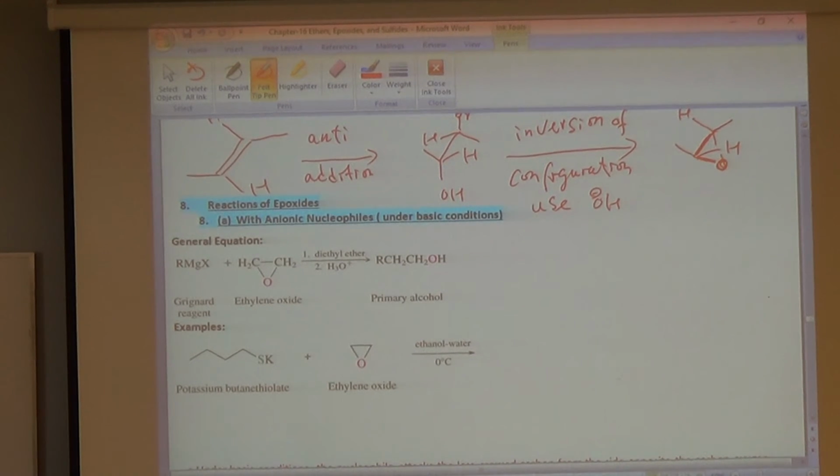Otherwise, most of the nucleophiles are basic, so you will protonate your nucleophile, and then you will not have a good nucleophile. So under basic condition or under acid condition, those nucleophiles reacting with your epoxide will open the ring because the ring has a lot of angle strain.